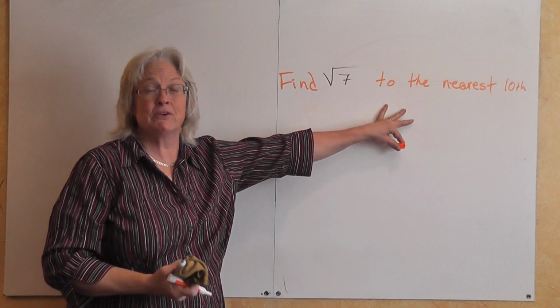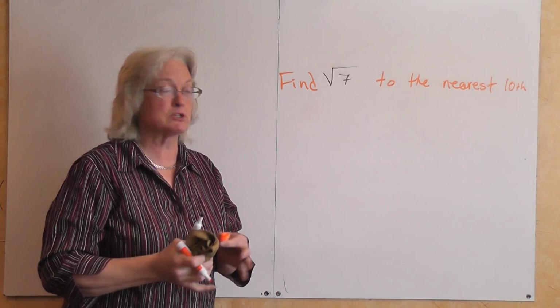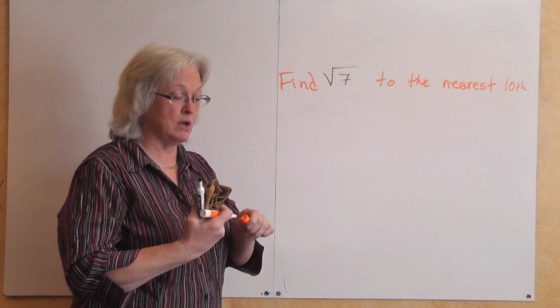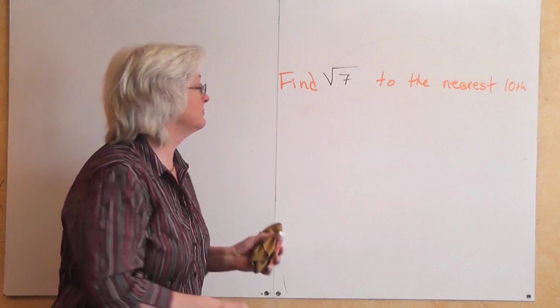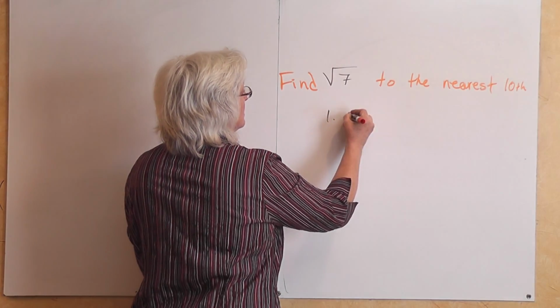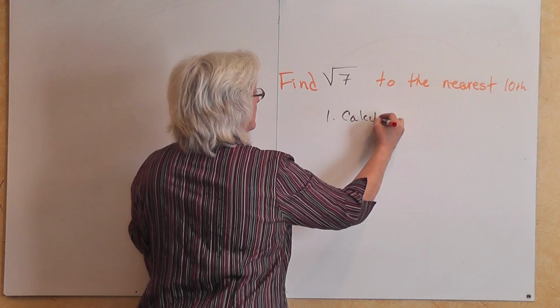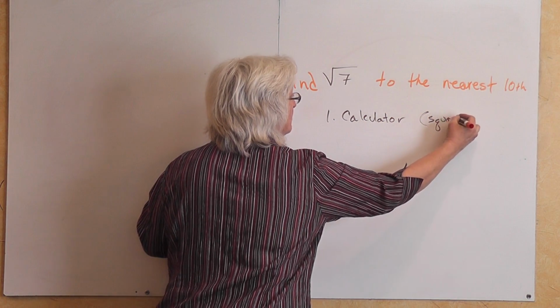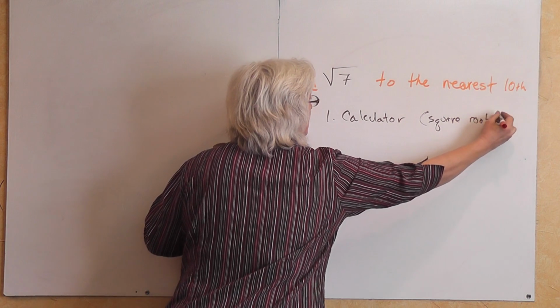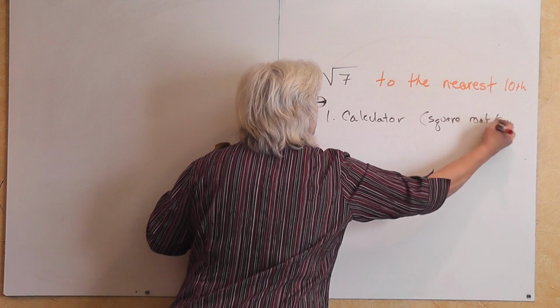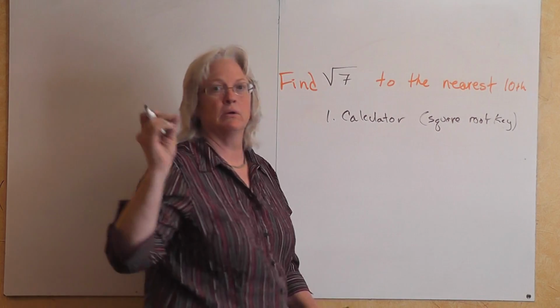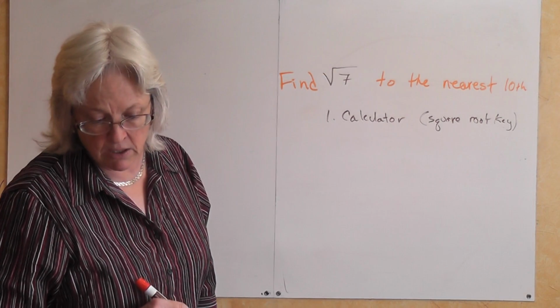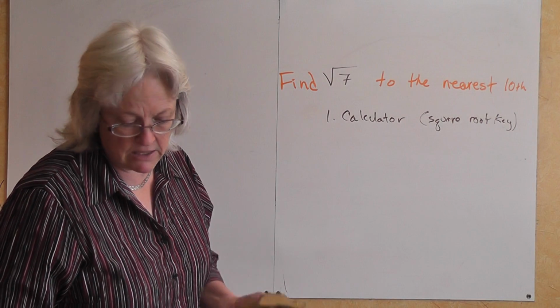There is a way that you can do some calculation, but at this point, you're simply going to use your calculator. There's a square root key on there. And you're simply going to put in 7, press your square root key, and you're going to get something that looks like this.